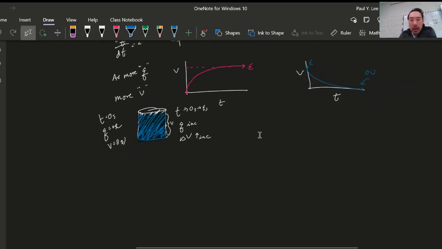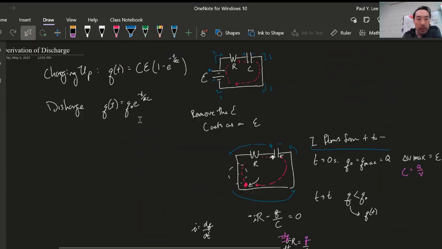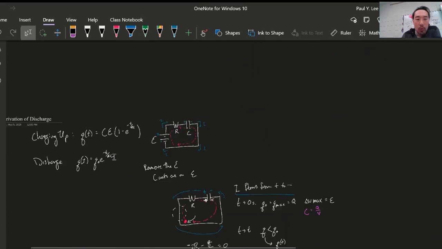The only other thing that I want to talk about is the time constant tau. One of the things that you'll recognize is that in both formulas, at the very beginning, we have this negative t over RC, negative t over RC.